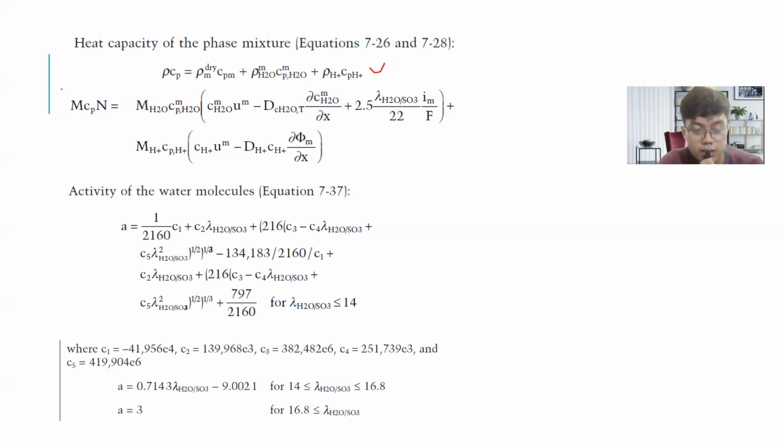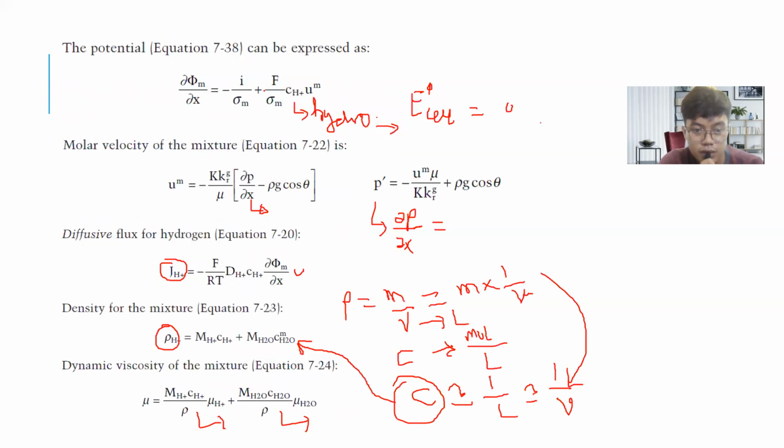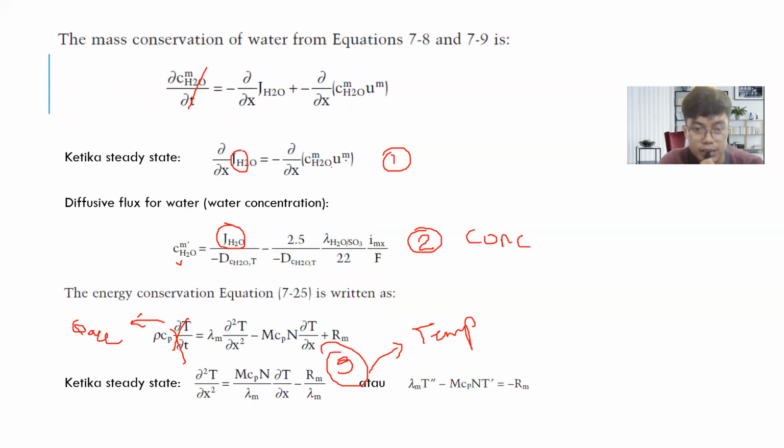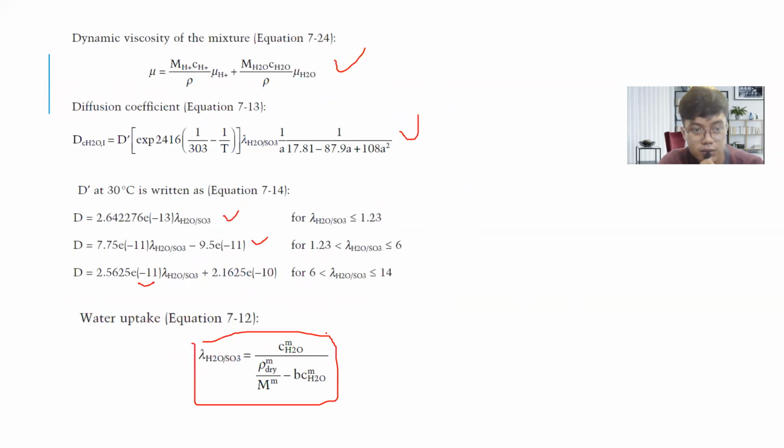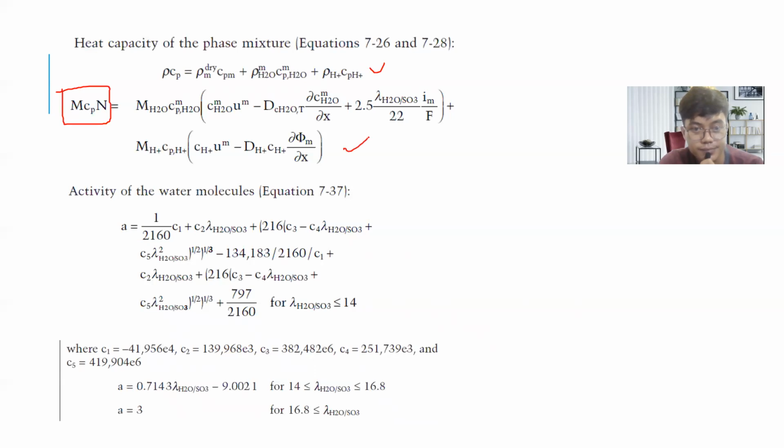This is the mass balance that we have now, and the formula is used in the energy conservation: molar mass multiplied by Cp and N. So the formula is below.